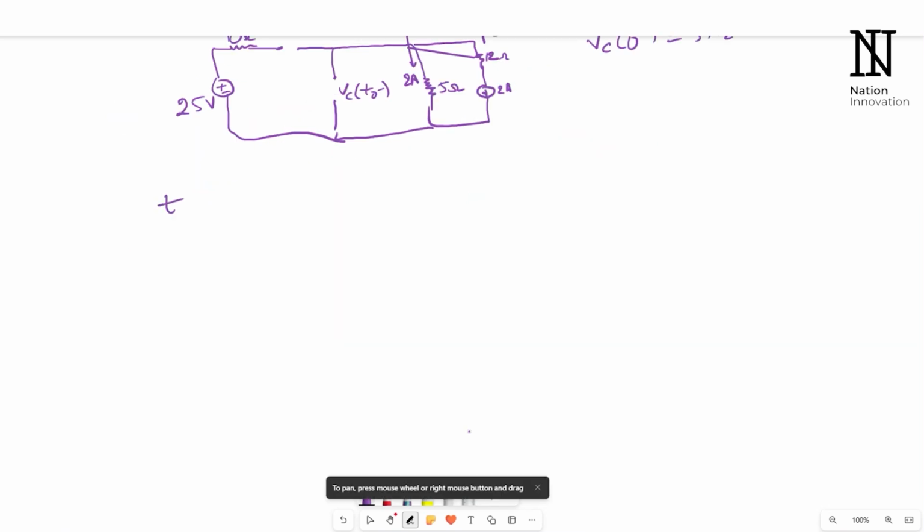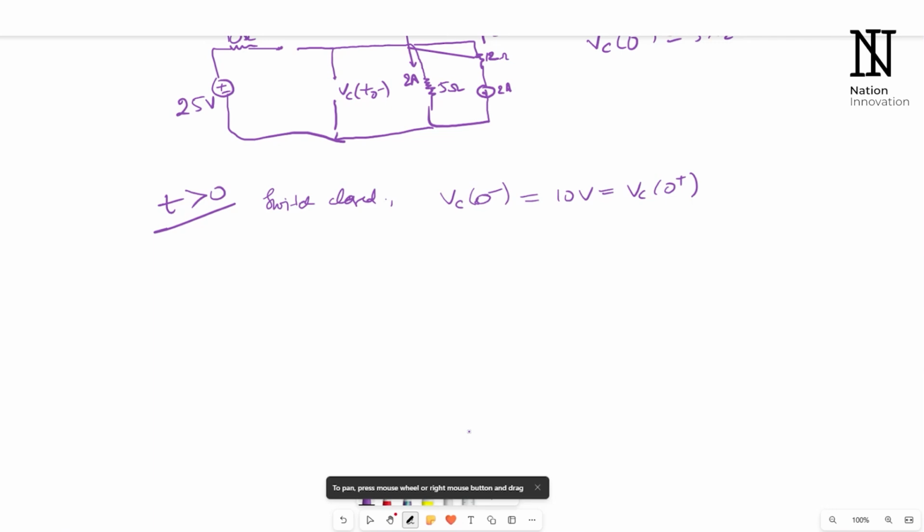Now what happens when t is greater than 0? In that case, the switch is closed, and the instantaneous voltage across the capacitor cannot change in an instant. So Vc at 0 minus, which we just solved, will be equal to Vc at 0 plus also.